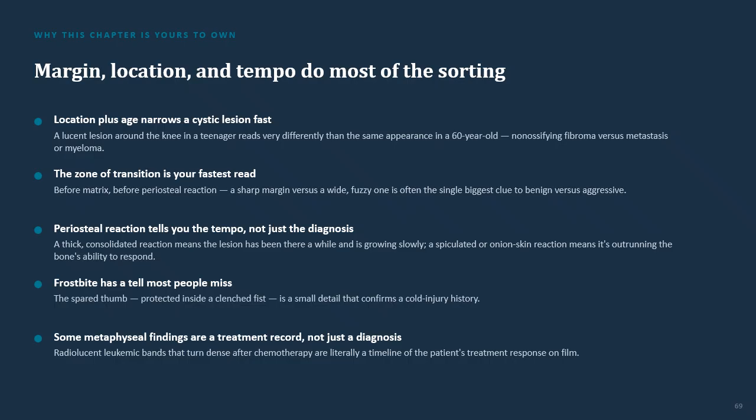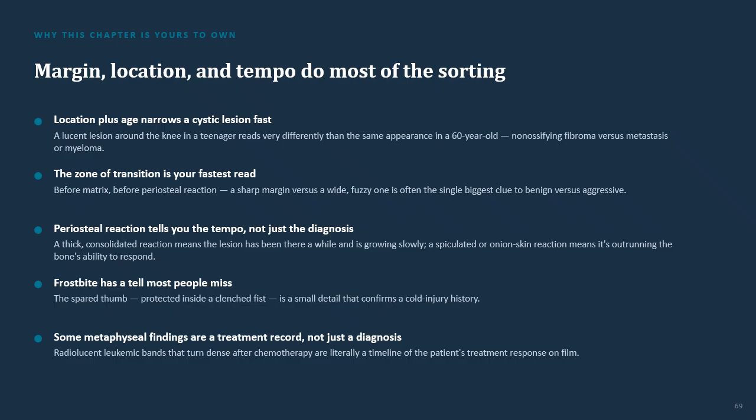So again, when we're looking at all of these extremity patterns, we want to take a look at the patient's age because that can be helpful. We want to take a look at where the issue is happening, the location, because some things locate certain locations better than others. We want to look at the borders of the lesion.